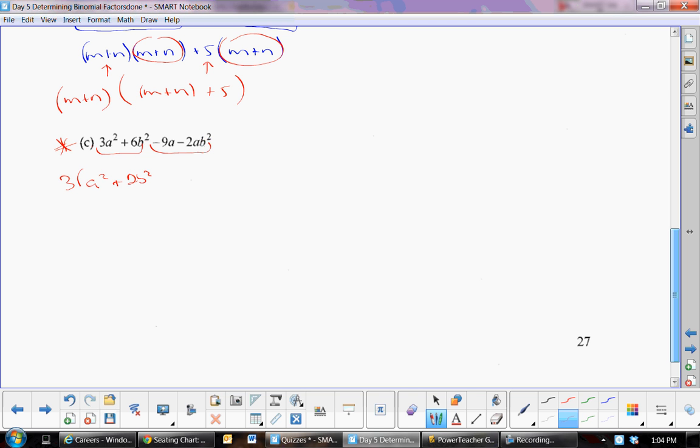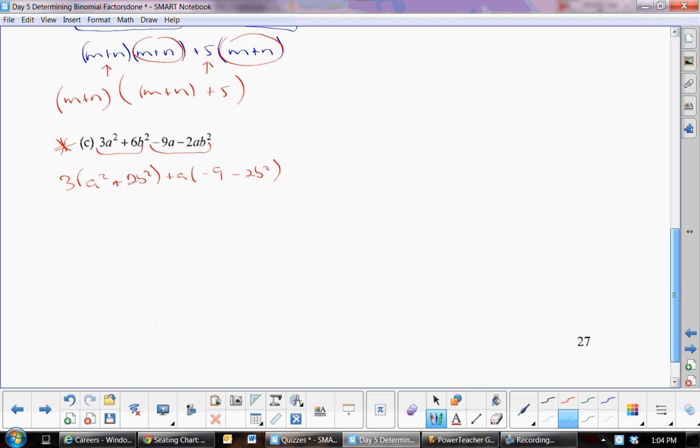No, because they each have to have that. If I'm dividing something out, they both have to have it. Then the next one, I could pull out an A. And that would leave me with negative 9 minus 2b squared. And that's not fun. Can't even do the next step.